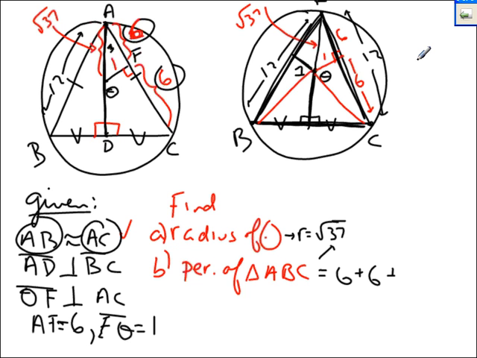Not seeing this one. Well, I know that the radius is square root of 37, so these are both, not 6, but both square root of 37. This is square root of 37, and so is this length.